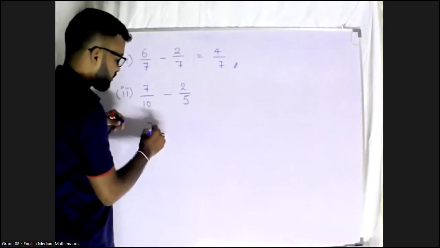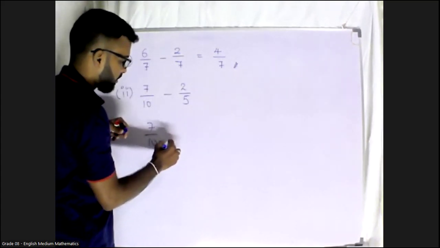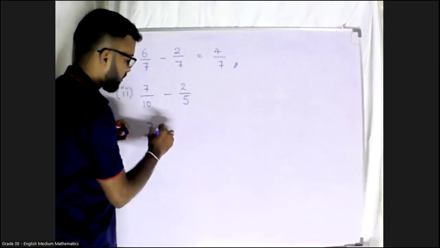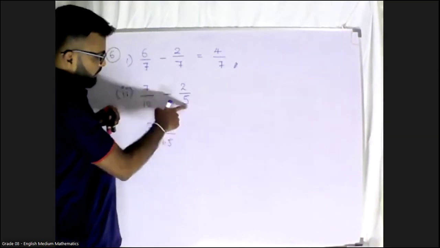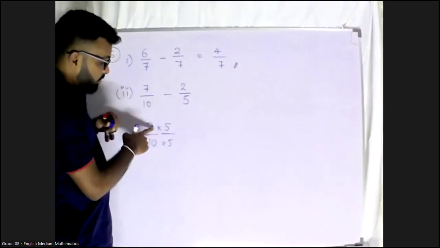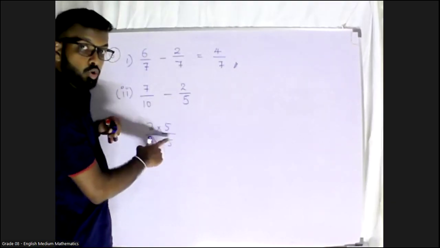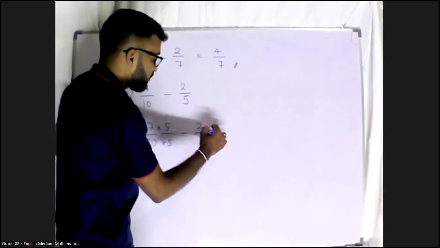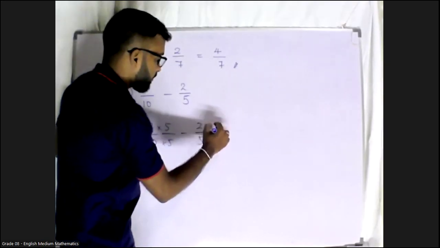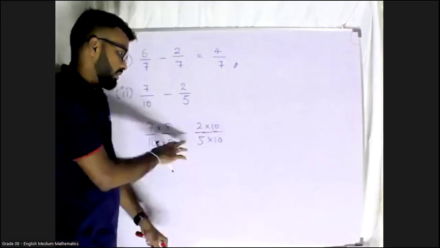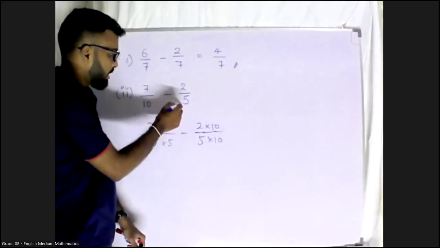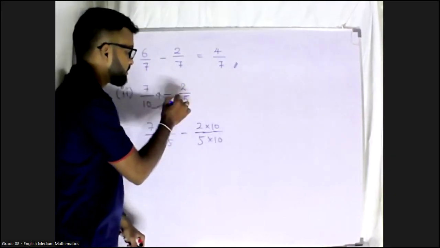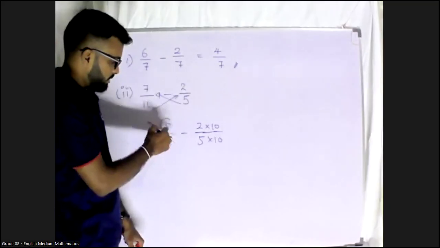You are going to do like this: here you have 5, then 2 over 5 multiplied by 10, right? This is correct, and this comes here, this comes here, like this.